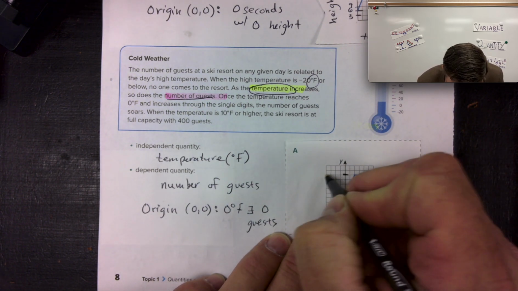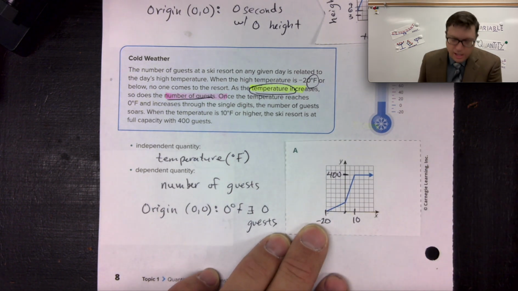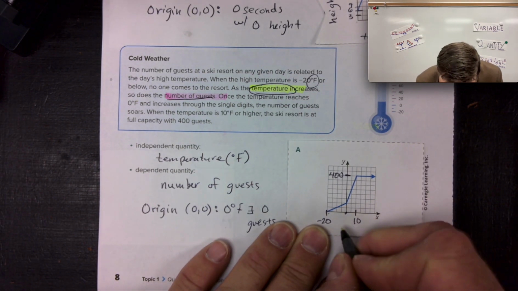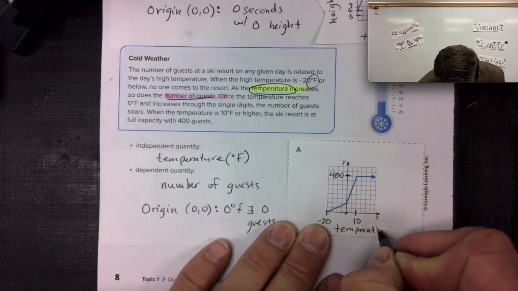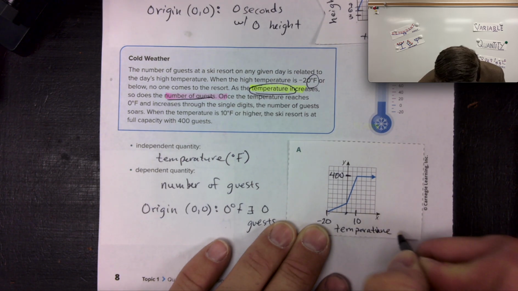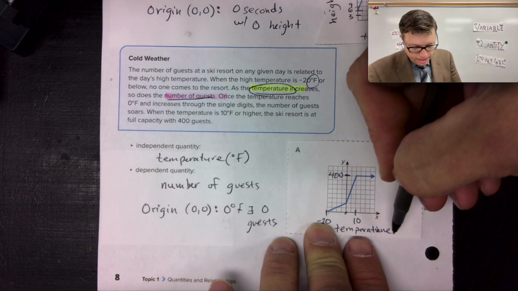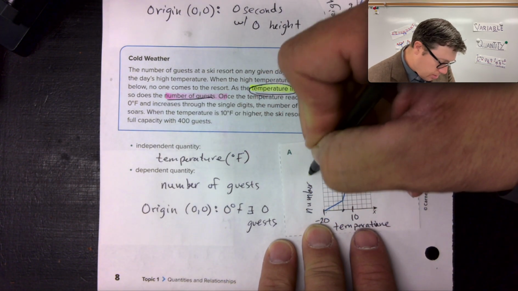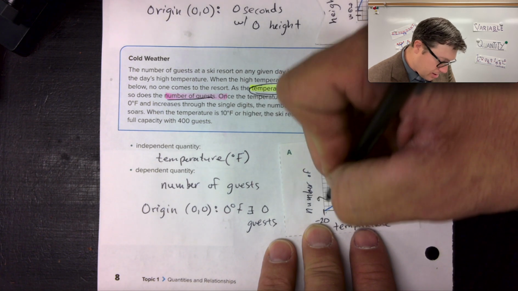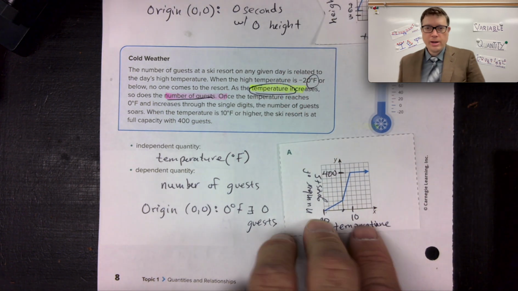The ski resort has met full capacity with 400 guests. So we have temperature on the bottom, and then we have number of guests on the dependent. There you have it.